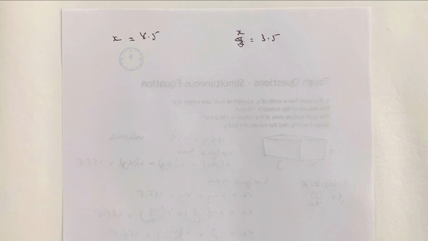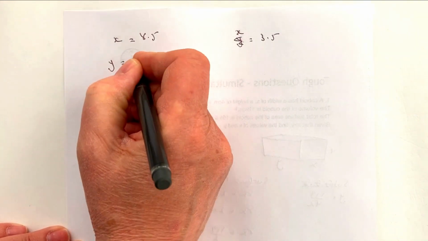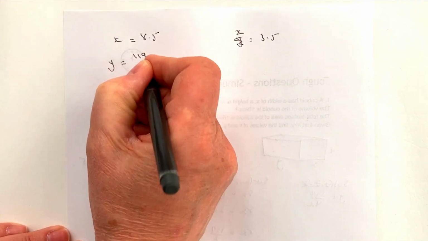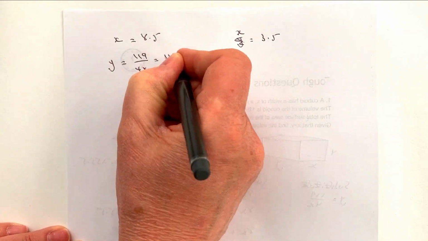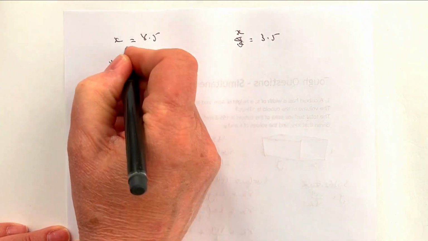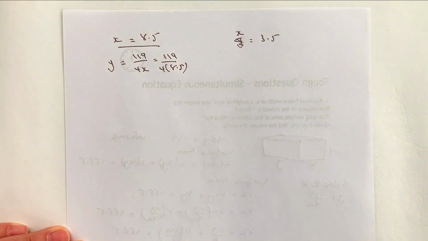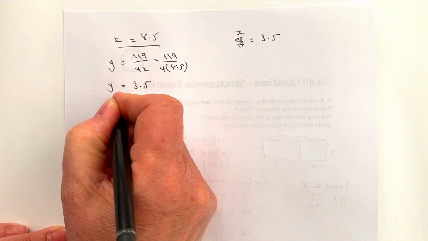Now, what we need to do is work out our values of y. If you remember, we had y equals 119 divided by 4x. So that's 119 divided by 4 times 8.5. So when x equals 8.5, y will equal 3.5.